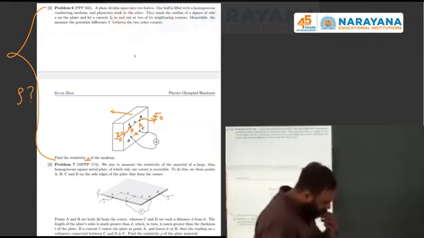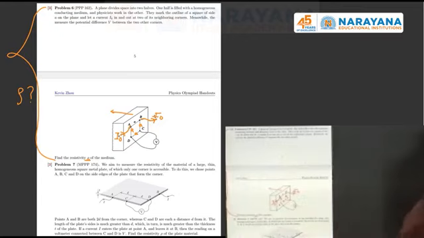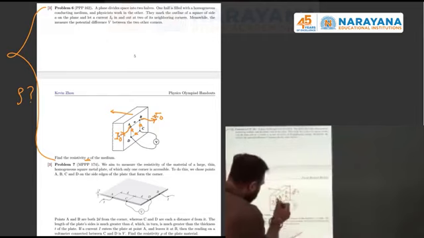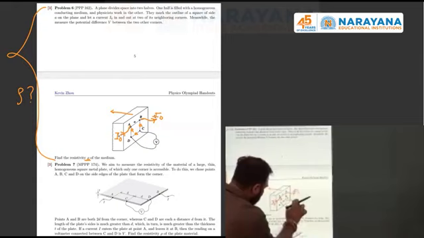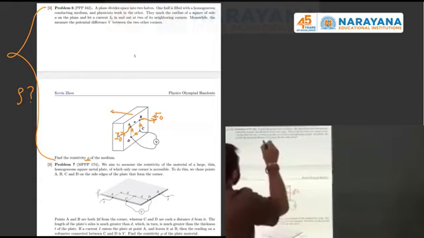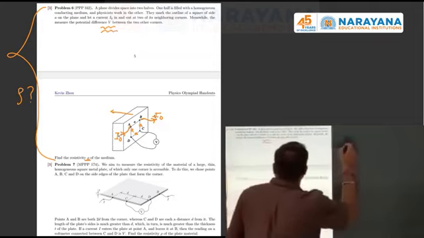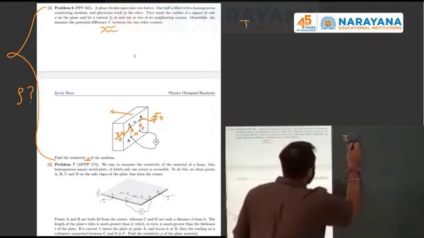And the setter has said that the potential difference between 2 points, C and D, on this plane. So if you connect an ideal voltmeter between C and D, he notes a potential difference of capital V between those 2 points. So remember, I naught is given data for you.